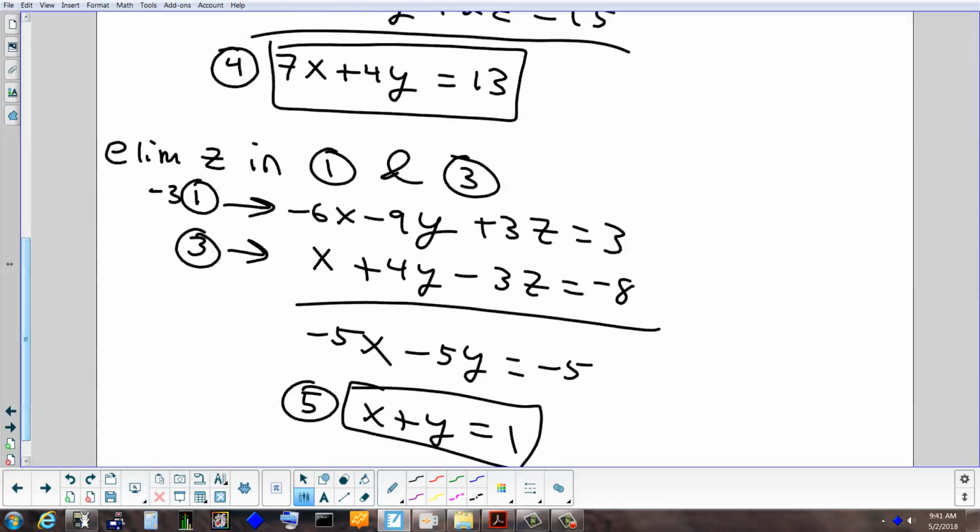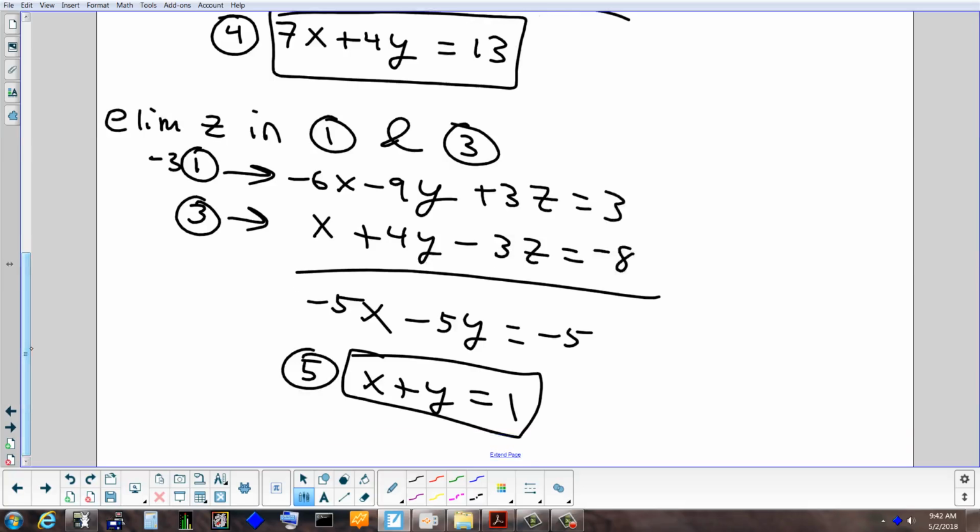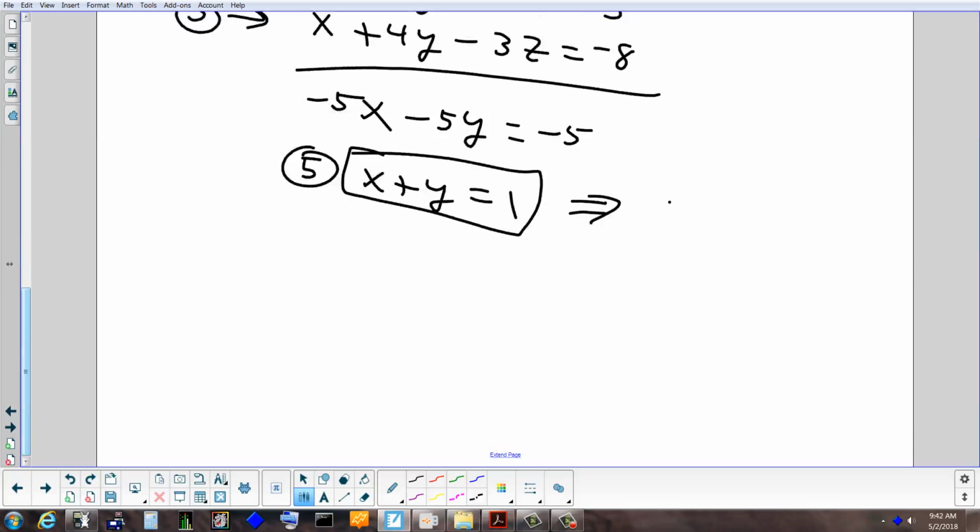Okay, which equation do you want to solve and get a letter by itself in? 5. Okay, I like equation 5, definitely a lot better than 4. And what letter do you want to get by itself there? X. Okay, so what does x equal? 1 minus y. Yep, x is 1 minus y.